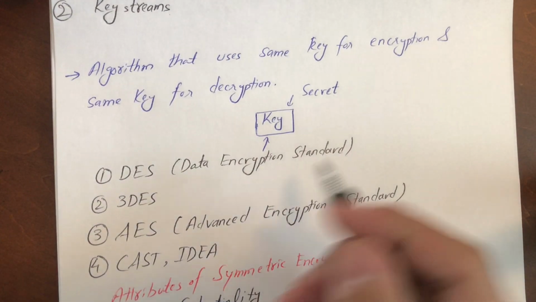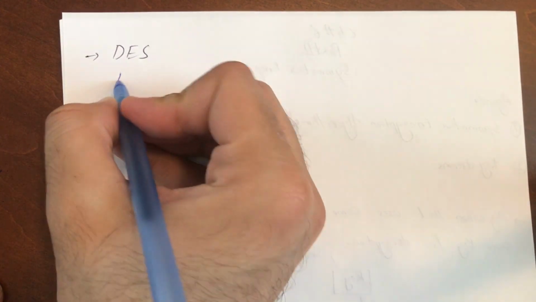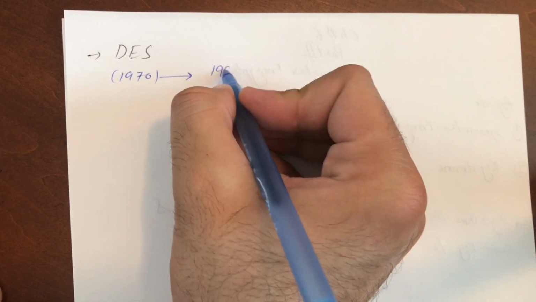So let's start with the DES algorithm. Let me give you an idea about the DES algorithm, the key size, block size, and all that. The DES algorithm was designed back in 1970, but it was unveiled in 1997.